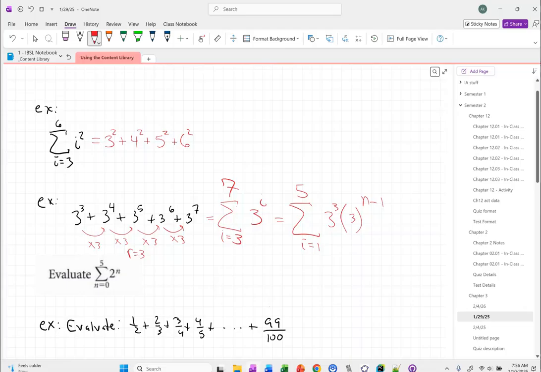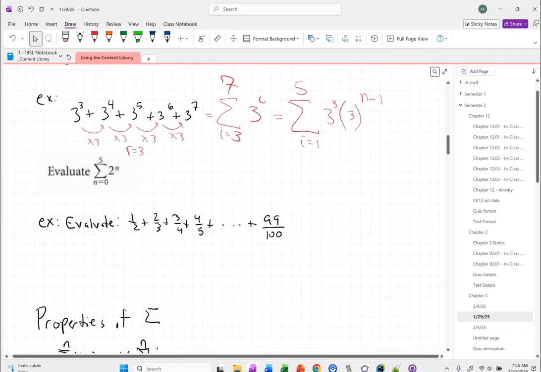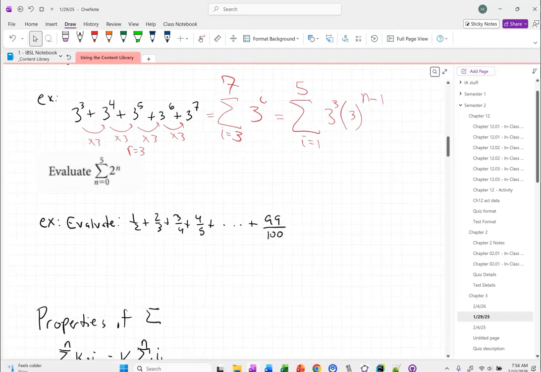Okay. Our next example says to evaluate the sum from n equals 0 to 5 of 2 to the n. So let's write that out into an expanded form. Adding a bunch of stuff together, right? What's the first thing we'll be adding?